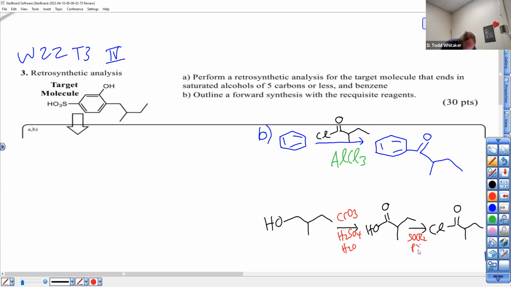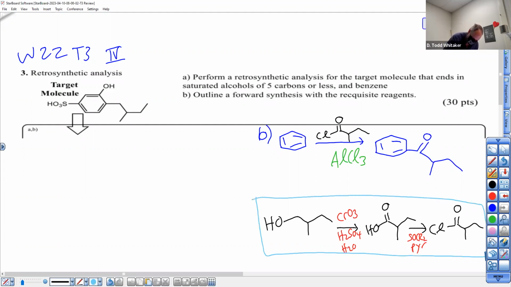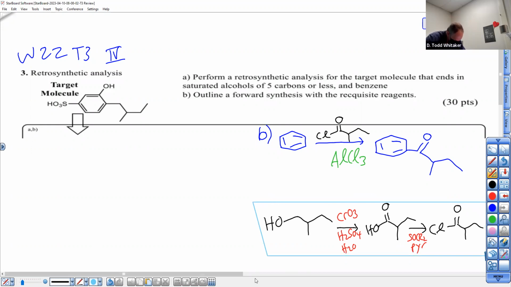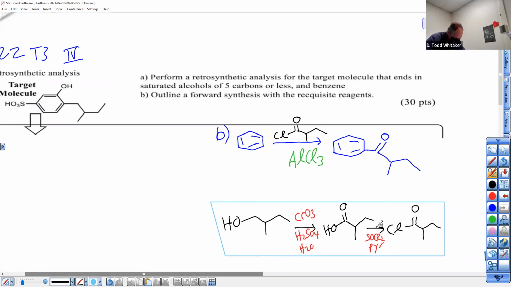SOCl2 and pyridine. Yeah, that's where this came from down here. See that? And I think we can put a box on it. Baby blue box, because, you know, we're going to be working around it. Oh, made it into a parallelogram.